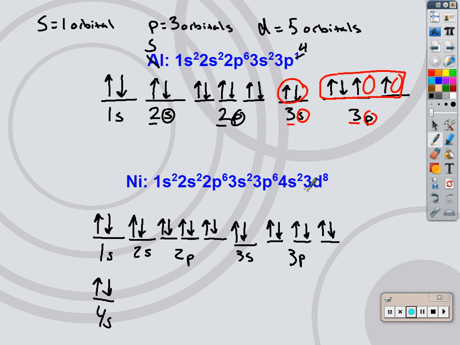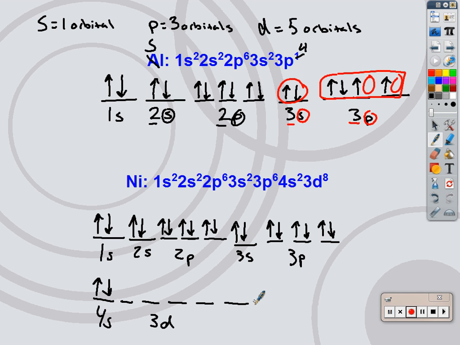Now we get to 3d. Again, the d orbital is 5 rooms. And the same rule applies with the d's that we have with the p's. You have to put 1 in each room first before you can start doubling them up.